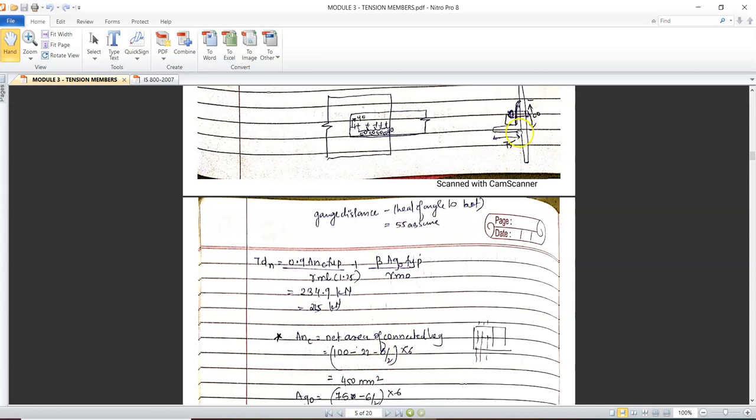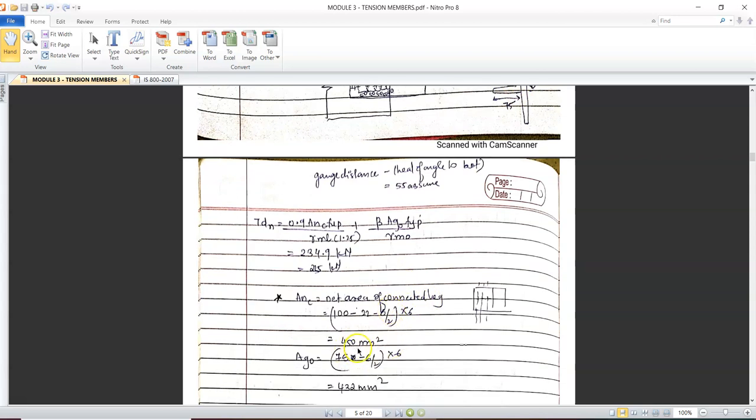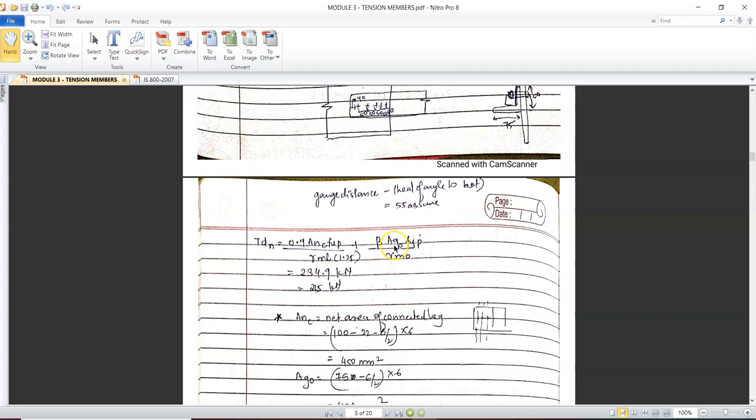At this corner, your thickness will be doubled, so that is why half of the thickness is also deducted, into the thickness of the angle section, which is 6 mm, which works out as 450 square mm. Now ANC is calculated. Now coming to Ag0, which as per the code is the gross area of the outstanding leg. Here 100 mm is the connected leg and 75 mm is the outstanding leg.